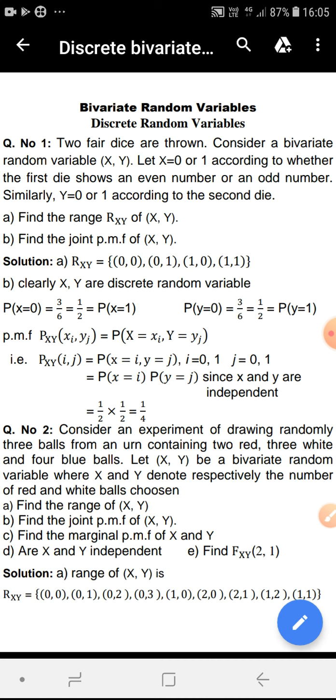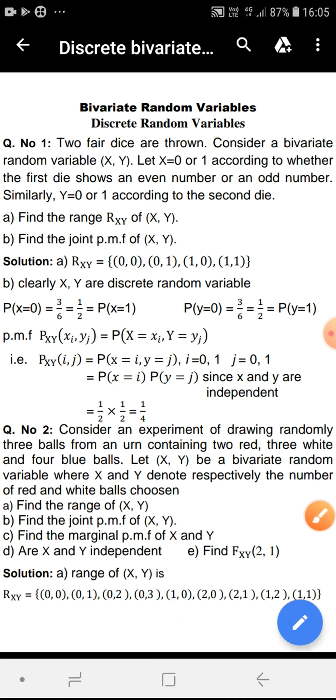So the probability mass function p_XY(x, y) will be equal to the marginal probability mass function p_X(x) times the marginal probability mass function p_Y(y).